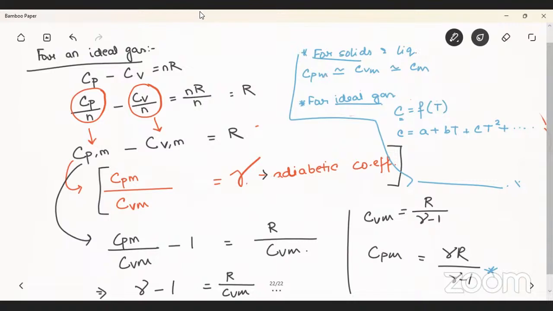One more thing, nobody asked me, ma'am, what can be happening for different kinds of processes, like heat capacities. Remember this, heat capacities for various processes. Whatever formulas I am going to give you now are strictly for IIT students.